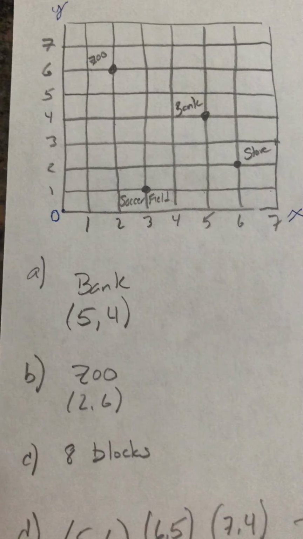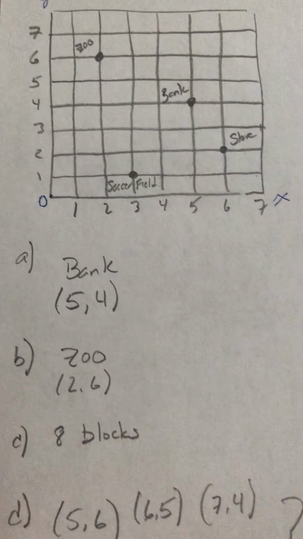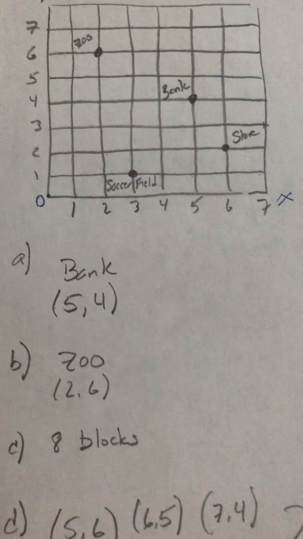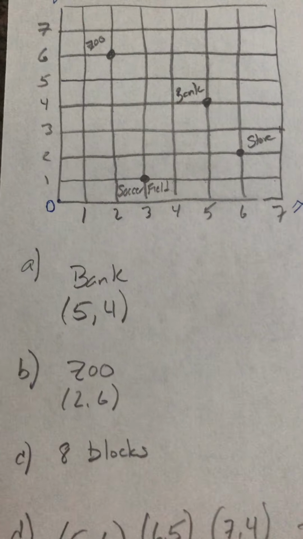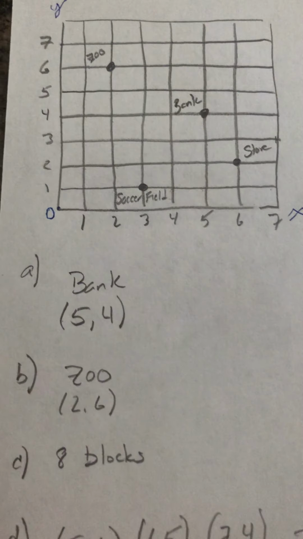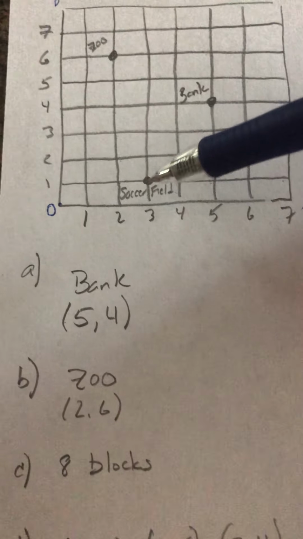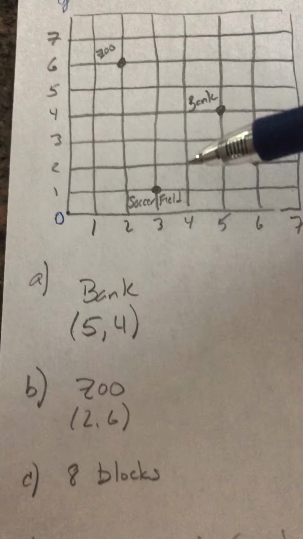Now part D, there's going to be more than one solution to this. So it says moving along the grid lines, the shortest distance from the library to the soccer field is 7 blocks. What ordered pair could name the location of the library? So really, we're going to just start off at the soccer field, and as long as we move 7 blocks for the shortest distance, then we can have multiple representations.